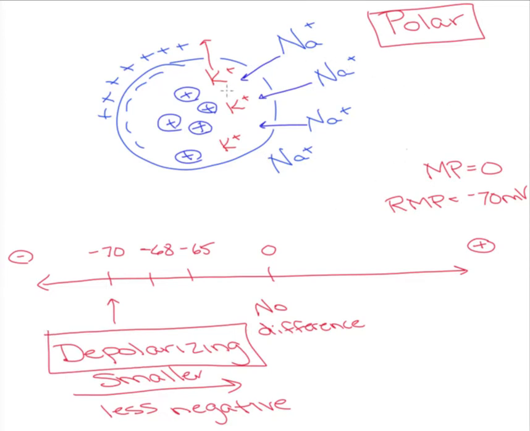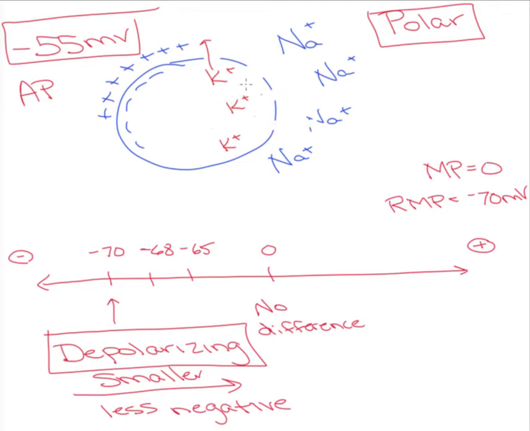So adding sodium ions is going to depolarize this cell. Now, if it gets all the way to threshold, which is negative 55 millivolts, it's actually going to trigger that cell to send an action potential. And that's the subject for another video. But if we depolarize to negative 55, we have made the inside and outside differences smaller.